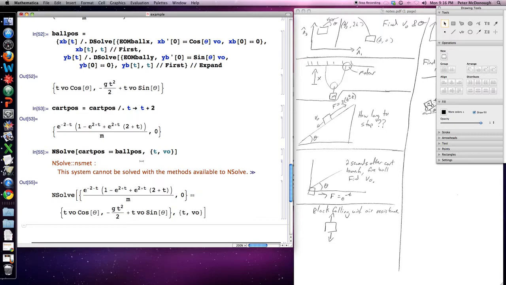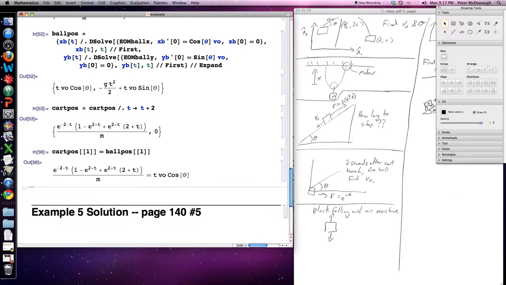Well, first off, let's see how long it takes for this thing to catch up. Let's say that cart posts 1, or my x in my x direction, we'll set this equal to my ball posts 1. All right, so we're setting these things equal to each other, and let's solve this for v naught.